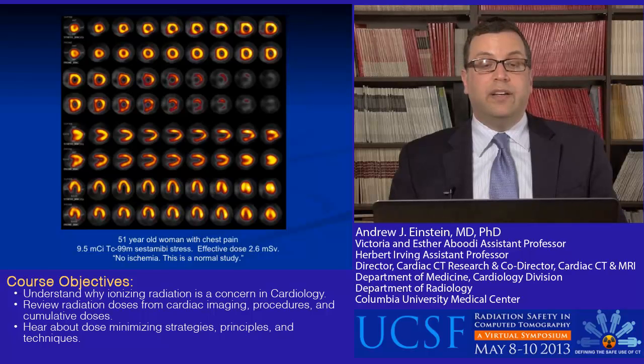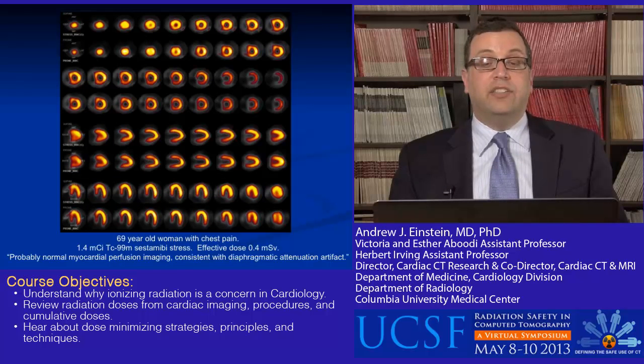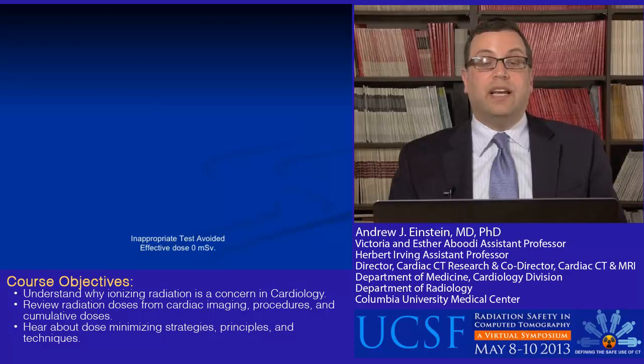We can do even better. By virtue of using newer technology, we can inject less radiopharmaceutical into the patient, and here's a sub-millisievert nuclear stress test with the same net effect for the patient. Normal study or probably normal study, no subsequent imaging needed. Radiation dose reduction, 98%. But we can do even better. The best test is the inappropriate test, which is avoided. And there we can reduce radiation to the patient entirely.